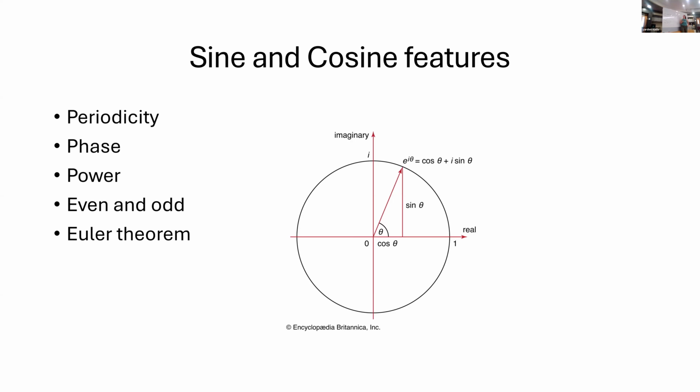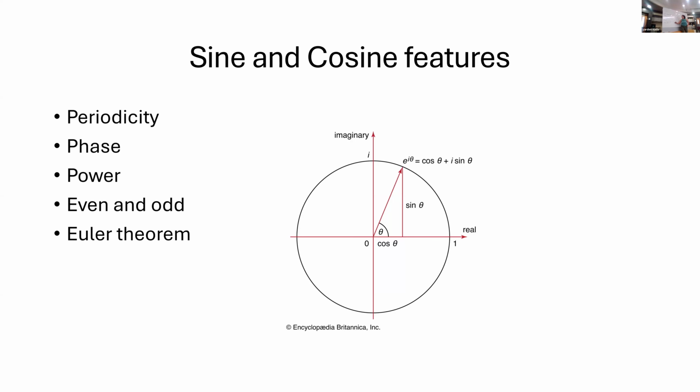Everything here is only for 1 and i. So maybe what I will do is write it like this: 1 over the square root of 2 plus 1 over the square root of 2 i. The reason that they pick this number is that when they are squared and summed together, they equal 1. This is why these are the strange numbers.